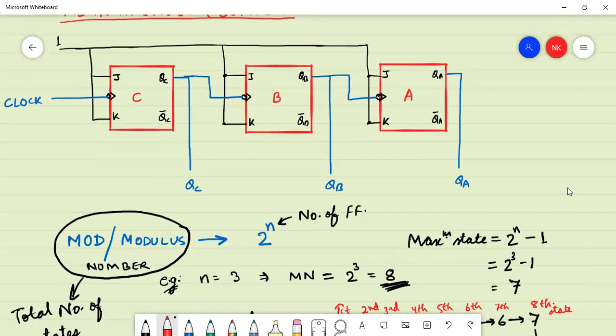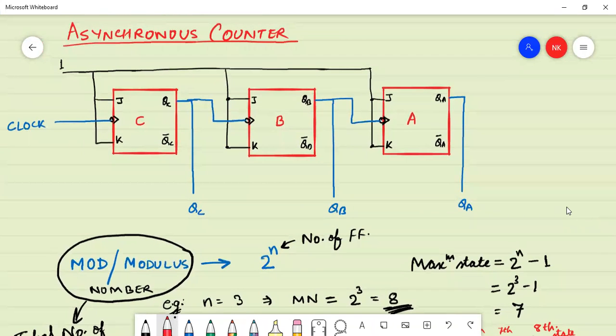Okay, one more thing we all should know here is in what situation this counter will work as an up counter or a down counter. So this counter may be an up counter or maybe a down counter.